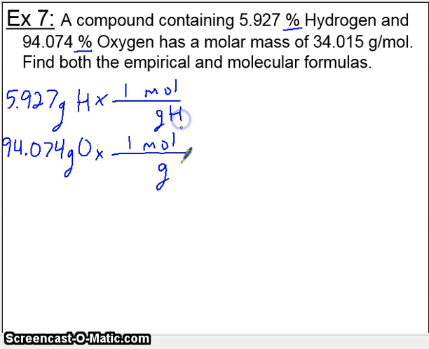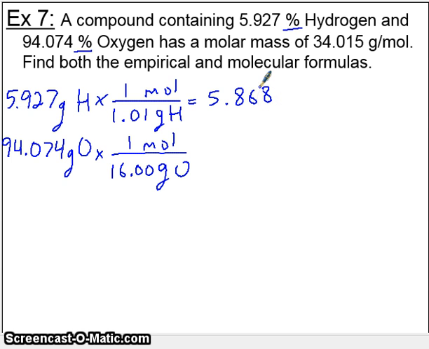We have grams of hydrogen, grams of oxygen. The grams of hydrogen is 1.01. The grams of oxygen is 16.00. Hopefully you remember where these numbers come from. And now if we divide, go ahead and do this division with me. 5.927 divided by 1.01. We'll get ourselves 5.868.